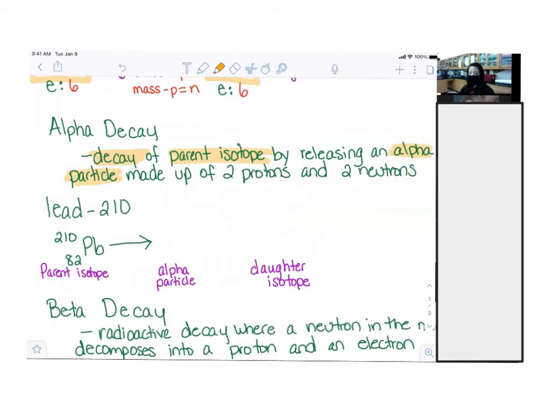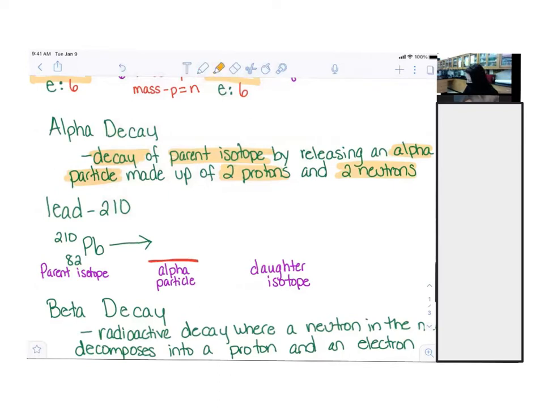An alpha particle is made up of 2 protons and 2 neutrons. So that tells me a couple of things. When I write my alpha particle down here as one of my pieces of a result of this alpha decay, I need to make sure that it has those components, 2 protons and 2 neutrons.